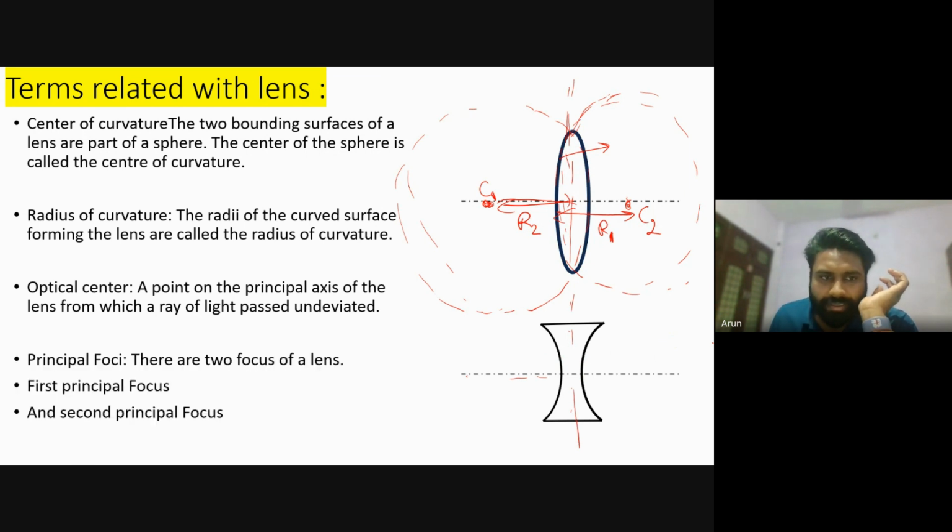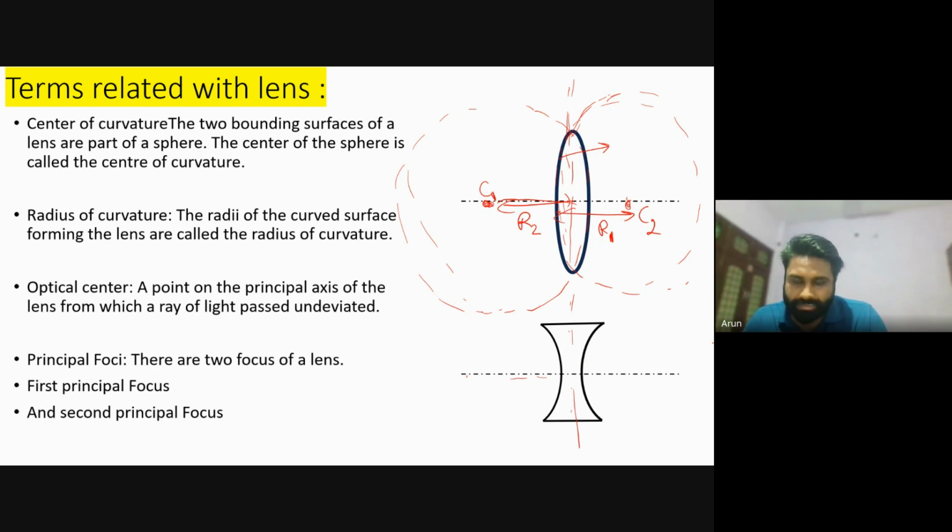Next thing is the principal focus. For a mirror, it is simple. One of the surfaces is reflecting and one of the surfaces is silvered. So we have reflection from only one surface, so we have only one focus. But here you will see there are two surfaces that are bound together.